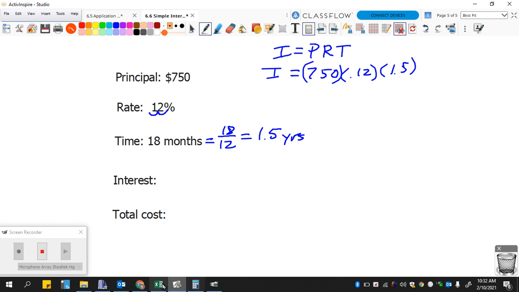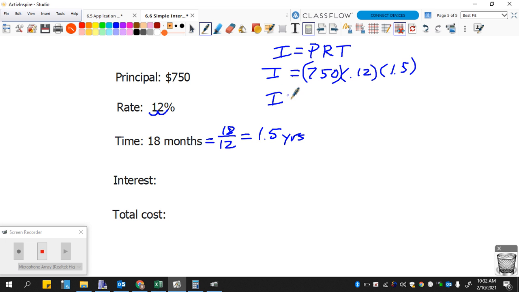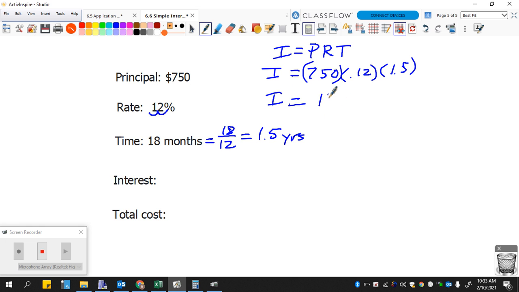So our interest that we're going to be paying on the $750 is 750 times 0.12 times 1.5, which is $135. So our interest that we paid here is $135.